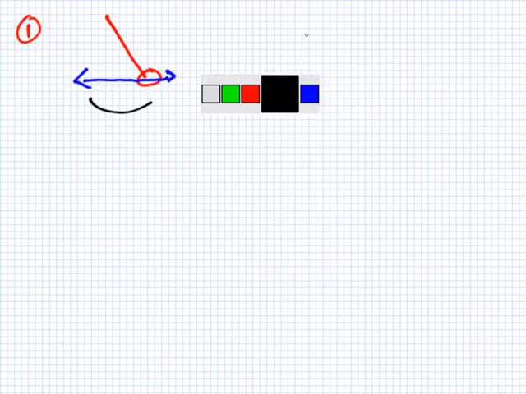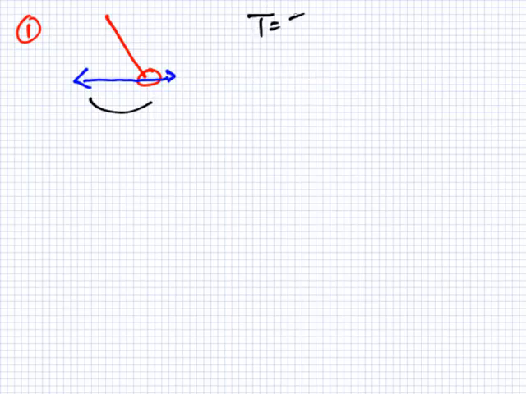Okay, so what you have here is this going back and forth, so this is like simple harmonic motion. Left, right, left, right.